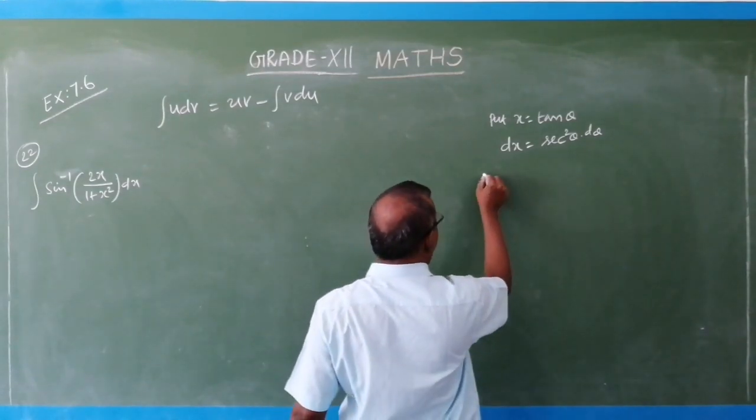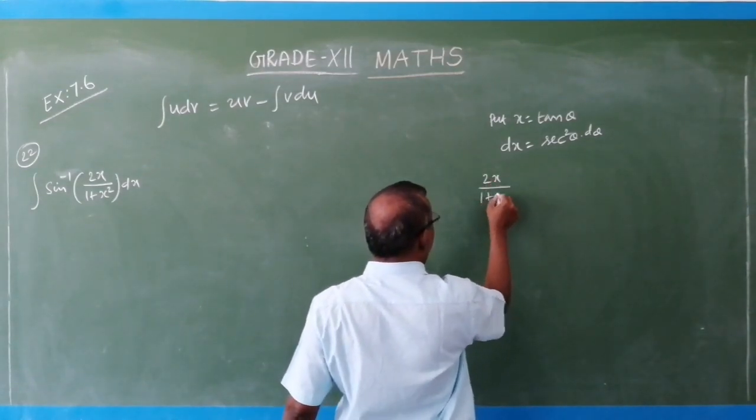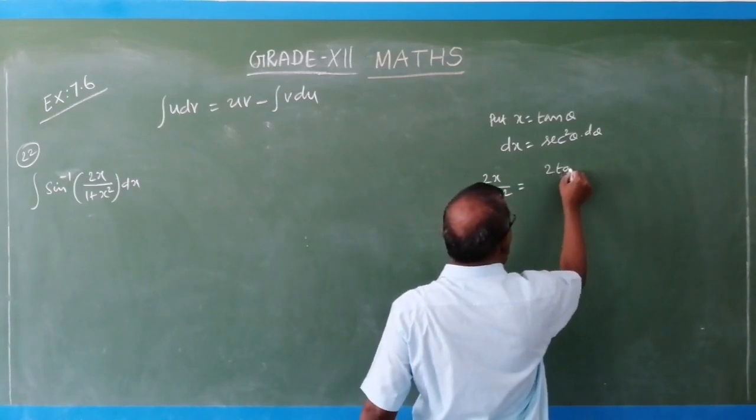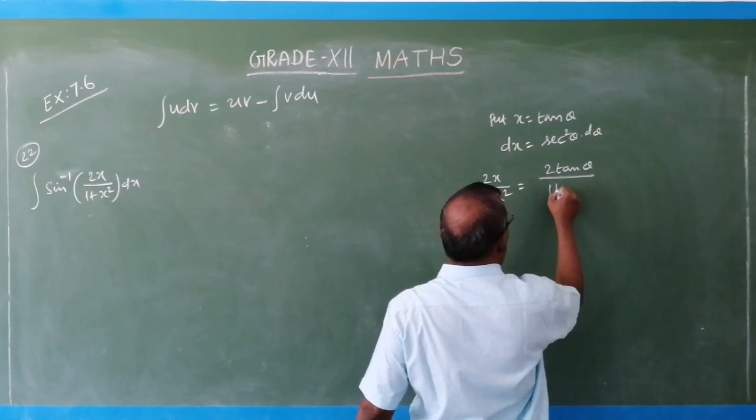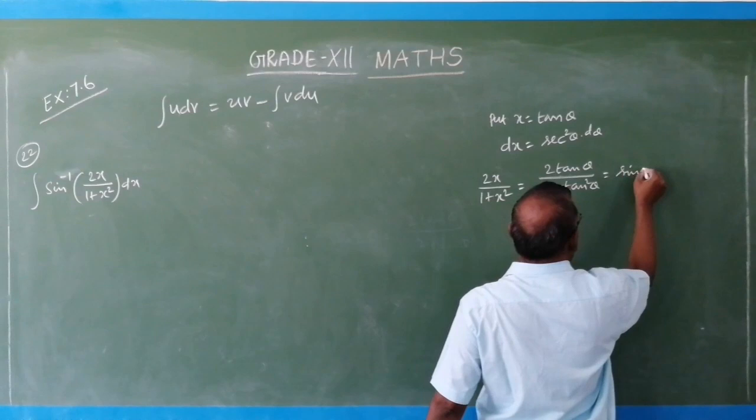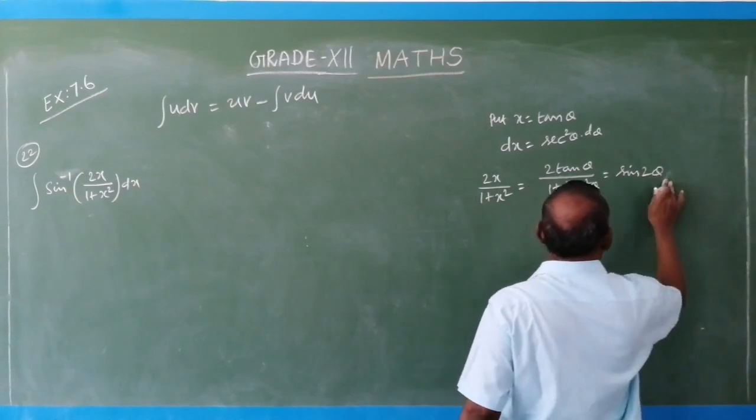Now, 2x by 1 plus x square becomes 2 tan theta divided by 1 plus tan square theta, which will be sin 2 theta.